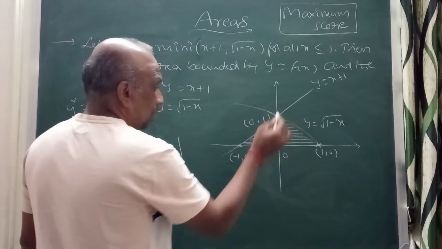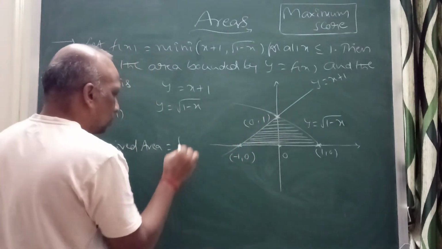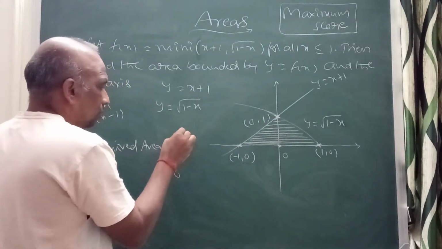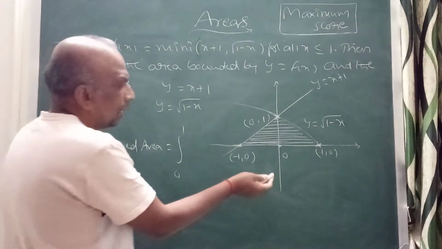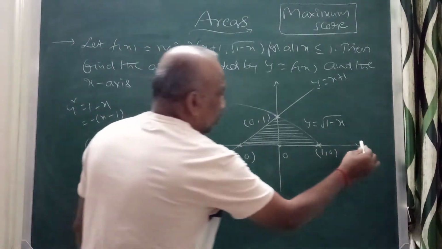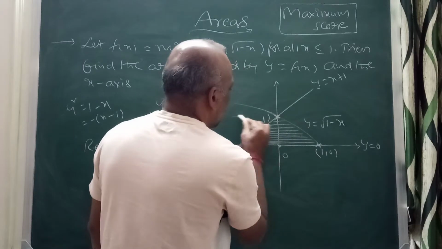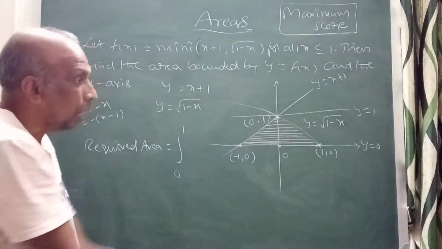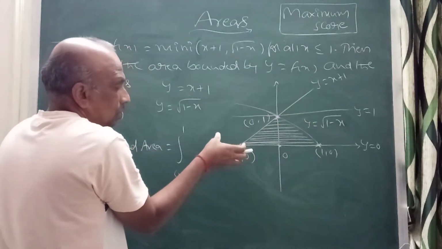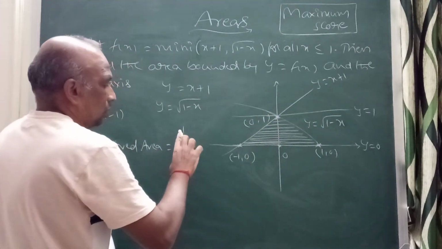This is y equal to 0, right? To understand, this is the line y equal to 1, 0 to 1. Upper curve is this, lower curve is this. So I am using y values 0 to 1.